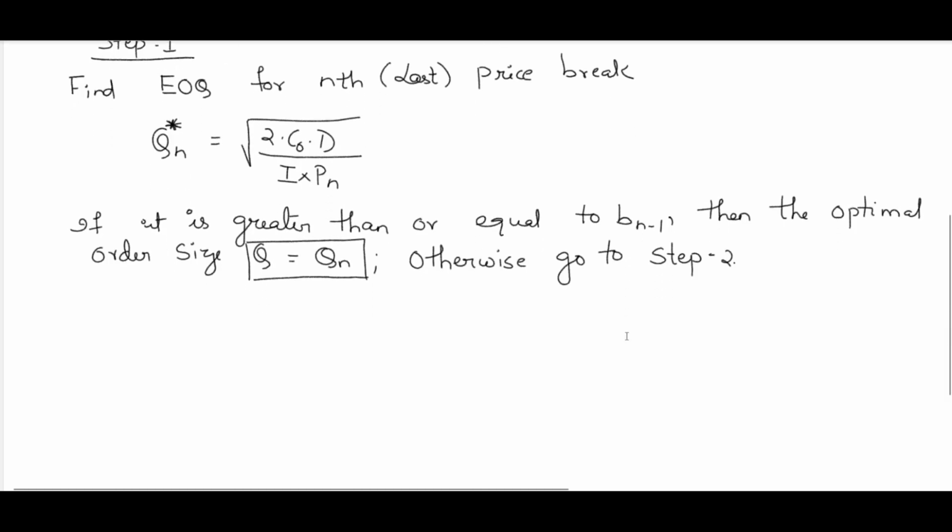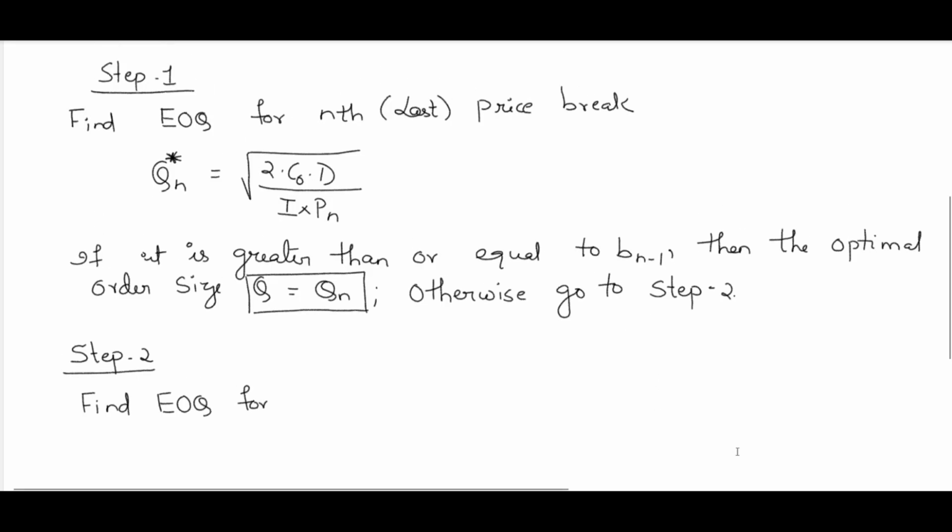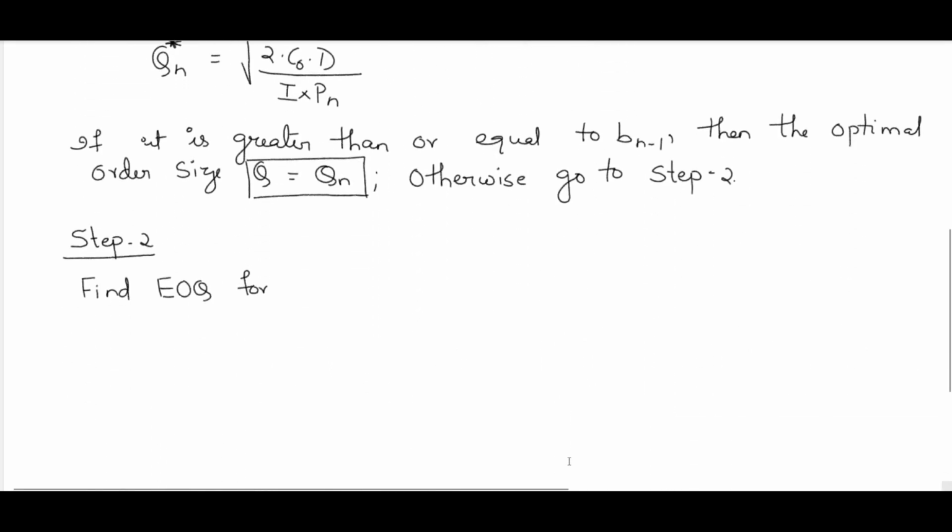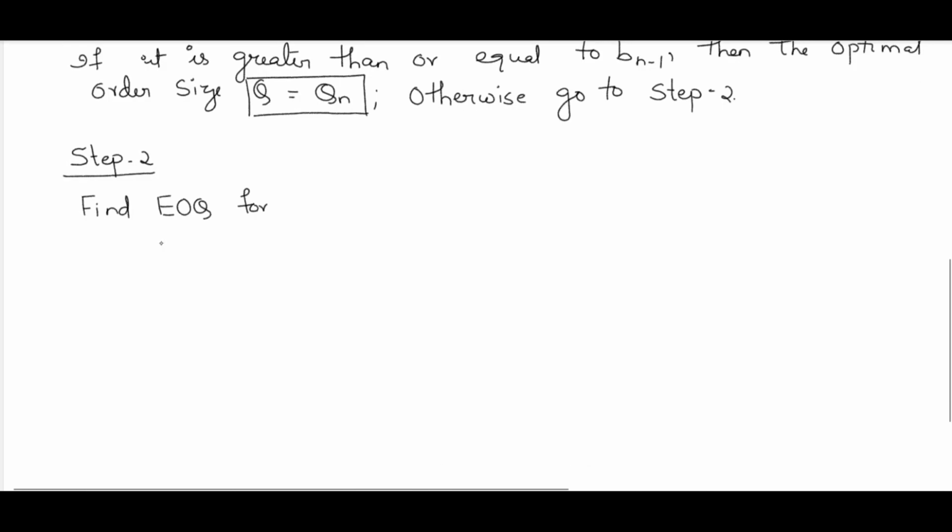Then step 2. Find the EOQ, same as the previous step, or Q star for the n minus 1th price break. In this case, we have done the price break for the nth one, the last one; now the second last we will start.